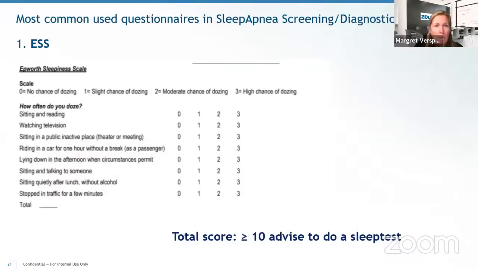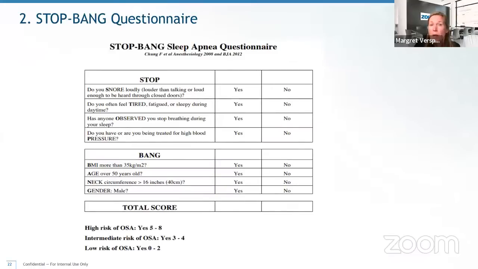Yes. Then we have the Stop-Bang questionnaire. Stop is for snoring, tired, anybody observed stop breathing, and are you being treated for high blood pressure? Yes. And the Bang stands for BMI, age, neck circumference, and gender.